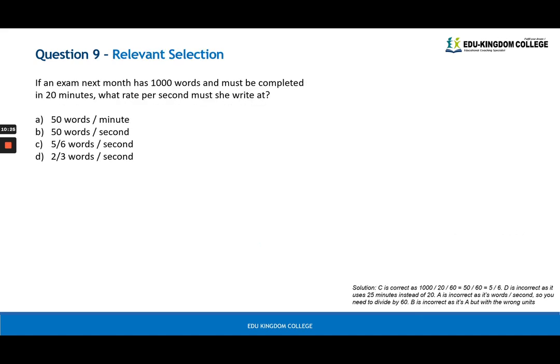Okay, 9. An exam next month has 1,000 words and must be completed in 20 minutes. At what rate per second must she write? So 1,000 words per 20 minutes. You can see here that one of those is expressed in minutes and one of them is in seconds.